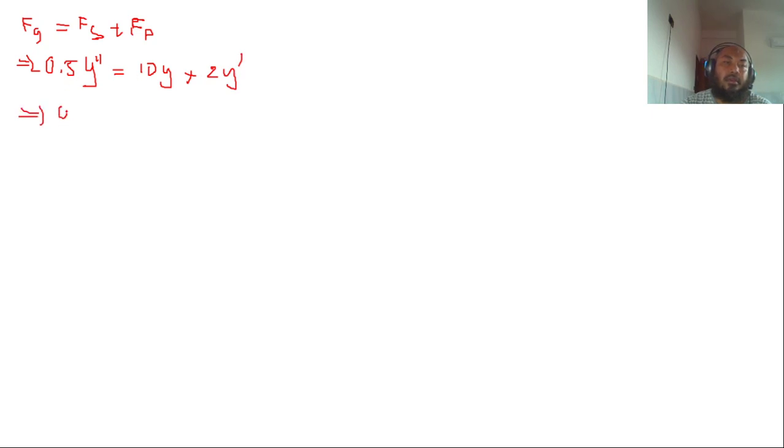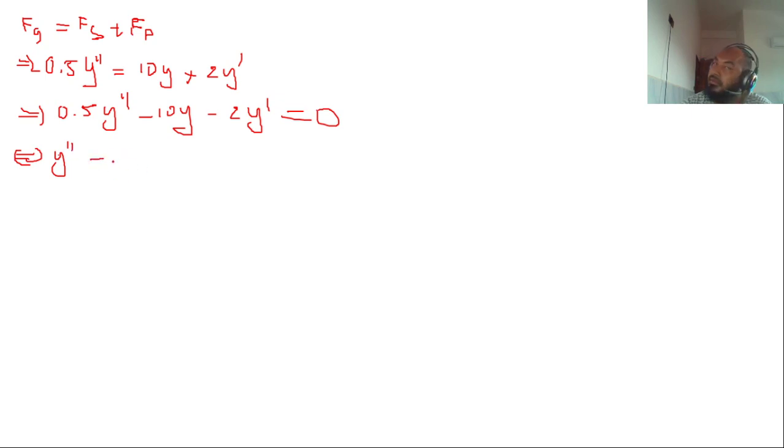Okay, so we got 0.5 y double dash minus 10y minus 2, sorry, y dash equal to 0, or it's equal to y double dash minus 4y dash minus 20y is equal to 0.